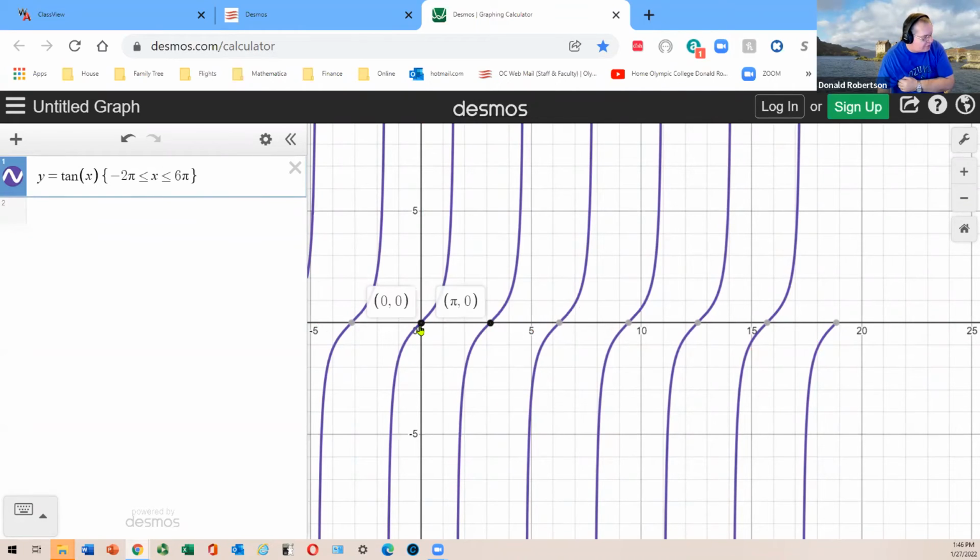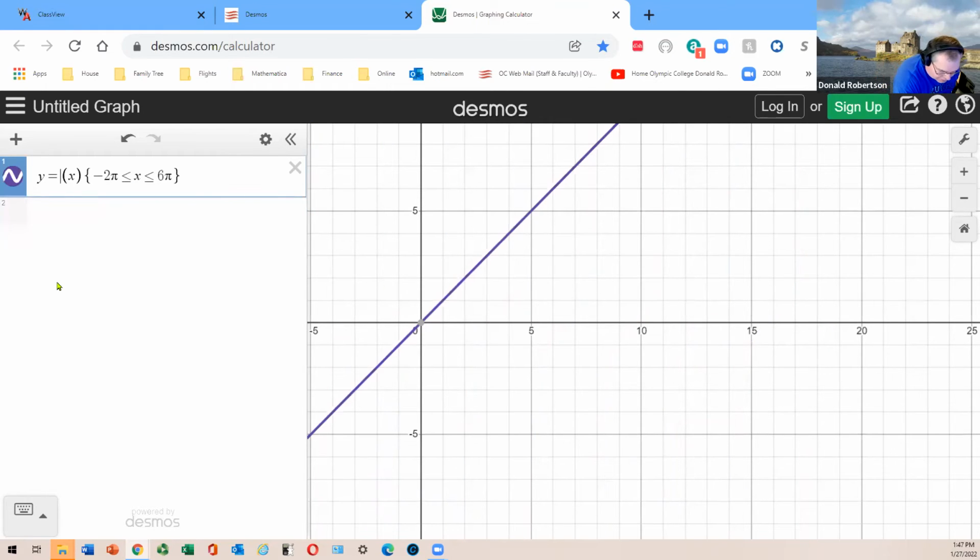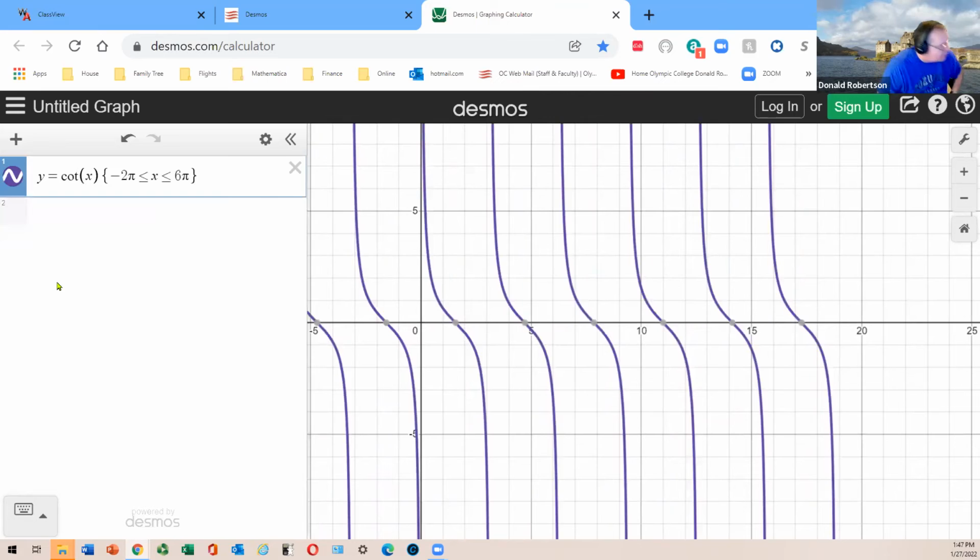So this is 0 and this is pi. Can you see that the period of the tan function is pi? Sine and cosine are 2 pi, but for that guy, it's only that one. So I can use this guy to go through the period of the next fella. And this is the cotangent.